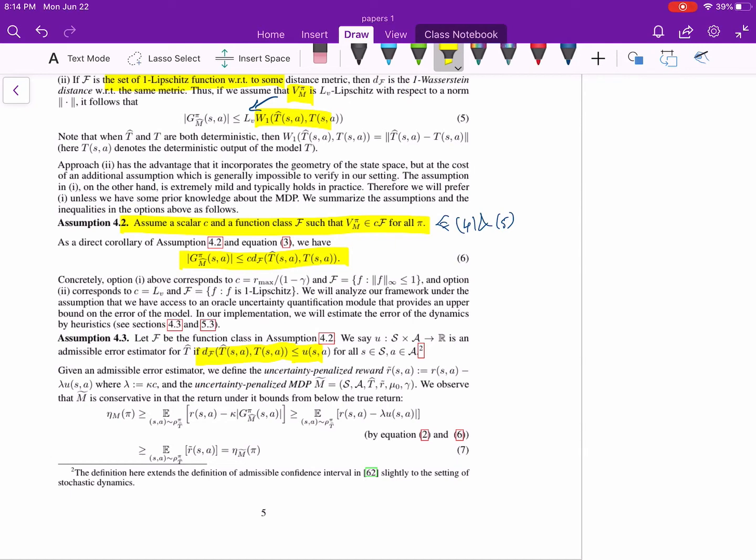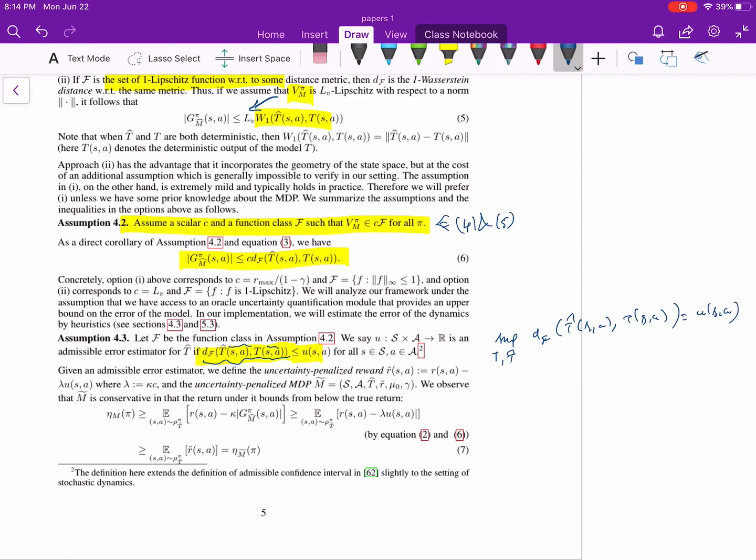I think it is fine because anyway this function depends on the state and action pairs, and you could think of u of sa as again a supremum over t and t hat of d of f, t of sa, t hat of sa. This is set to u of sa. Maybe this is possible.